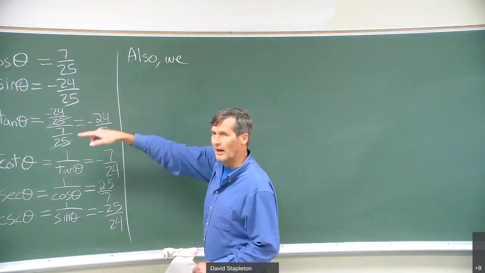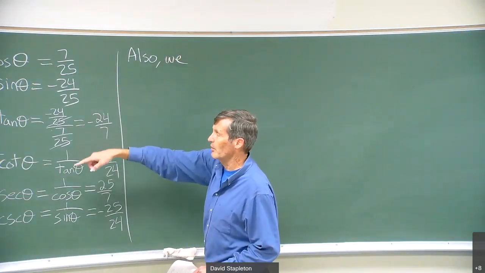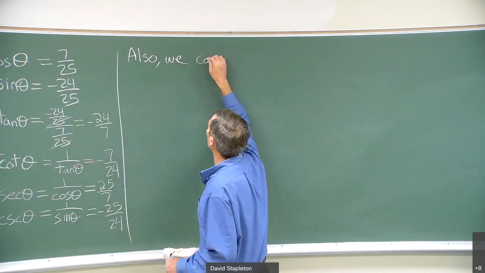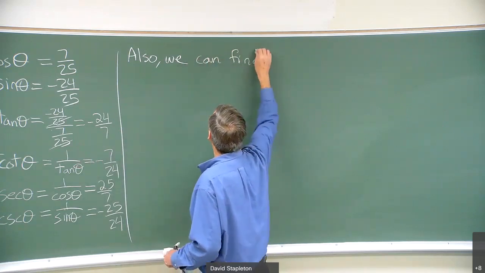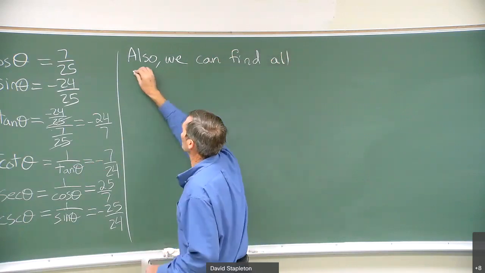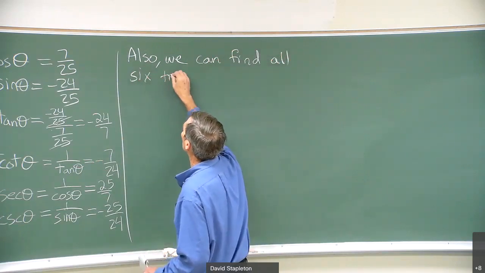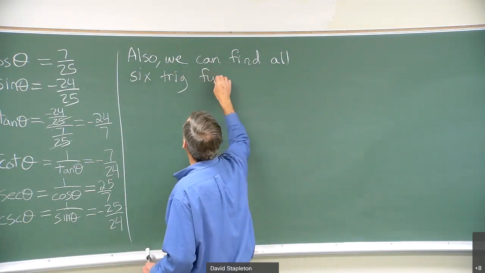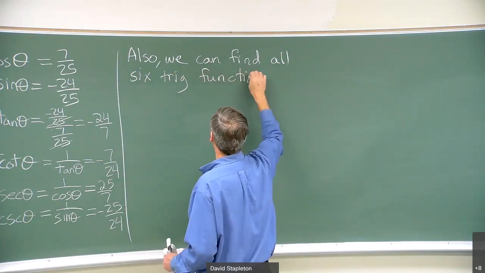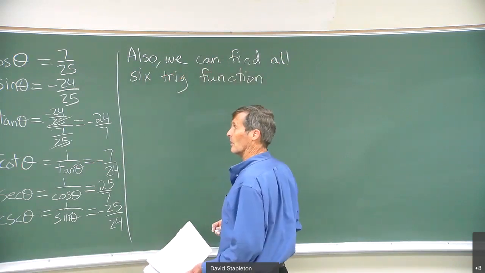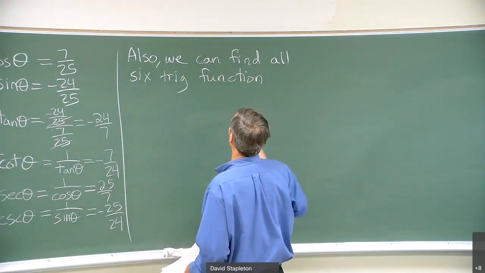Not only can we find the trig functions given any point on the terminal ray, we can find all 6 trig functions of any special angle. Because essentially we know a point on the terminal ray. What's more, we know the point that's on the unit circle even.